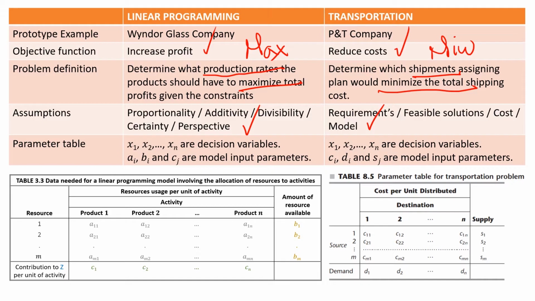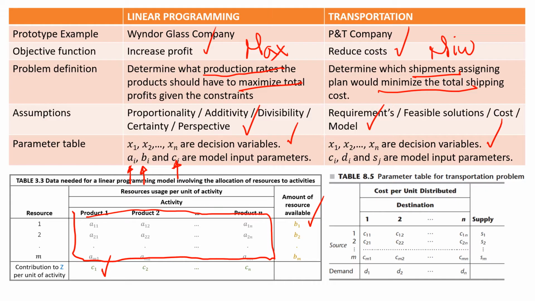That's our next image. In the parameter table, we got decision variables, and we're going to be using the same letter for decision variables in both cases. The only difference is that in linear programming, we use letter A mainly for our coefficients, letter B for our resources, and letter C for our contribution per unit.